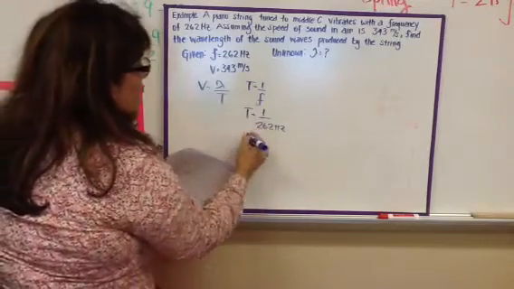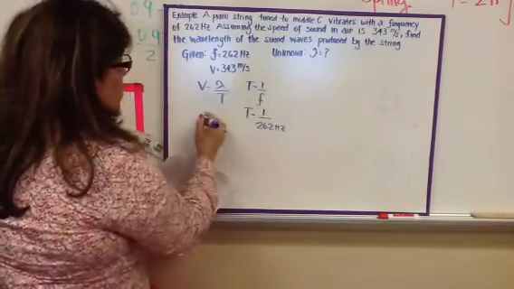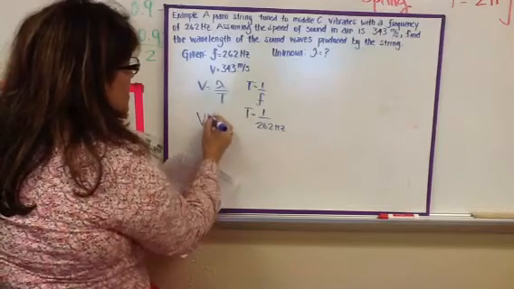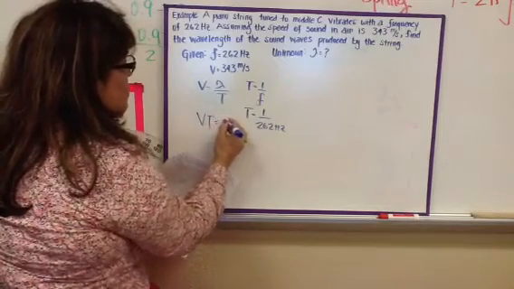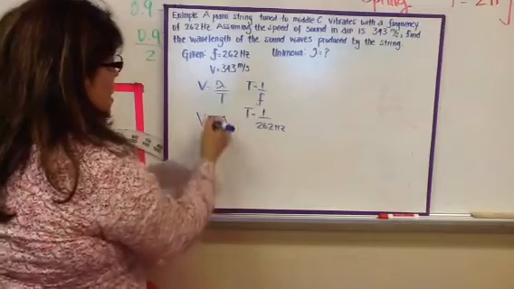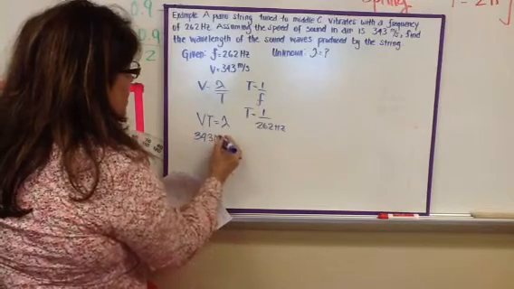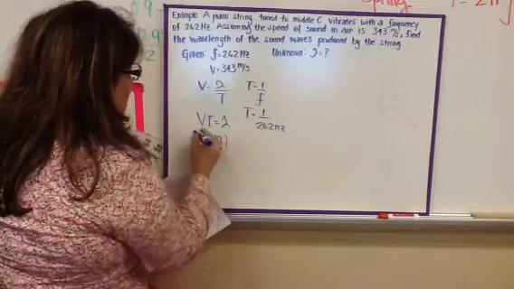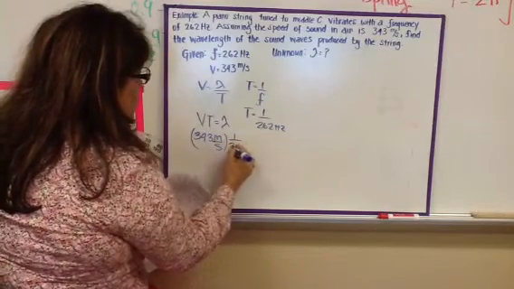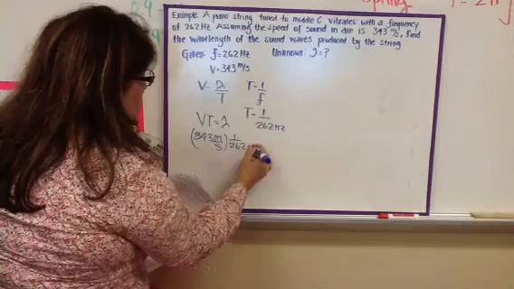So v times T, the velocity times the period, is equal to lambda. And we know the velocity is 343 meters per second, and the time is 1 over 262 hertz.